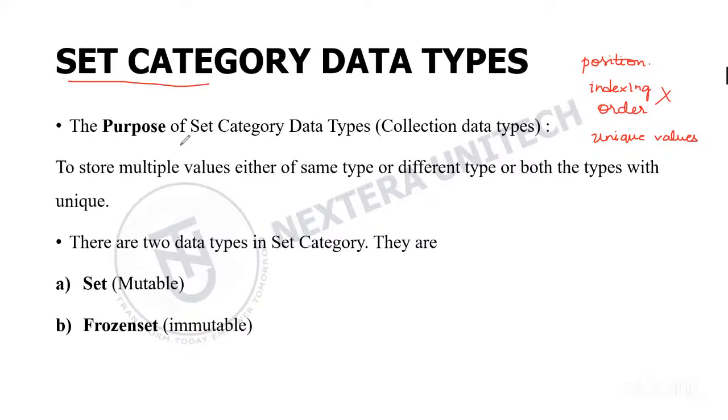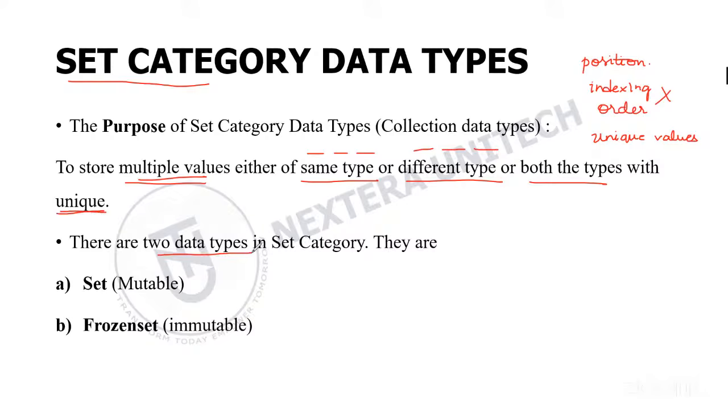So these set category data types are used to store multiple values. So you can store multiple values either of the same type, so you can have 2, 3 int values, or different types. You can also have an int value and then a float value and then a string value. Or you can also have both types. So same types, different types, it can be anything, and it will only store unique values.